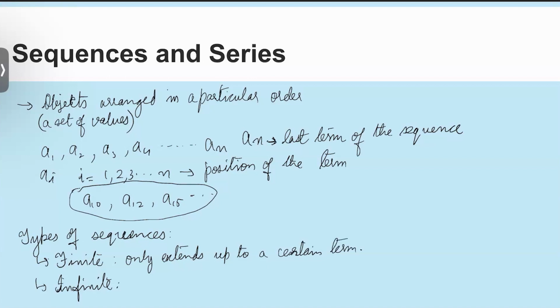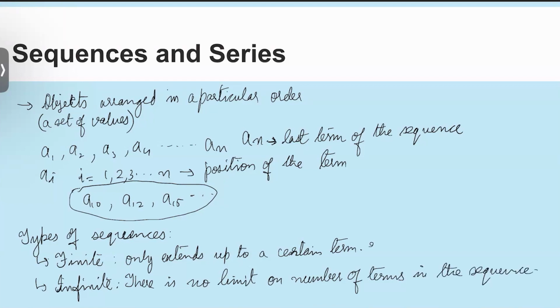So there is a limit to how many terms we have. For example, we'll do the example in the next slide. And infinite means that there is no limit on the number of terms in the sequence.